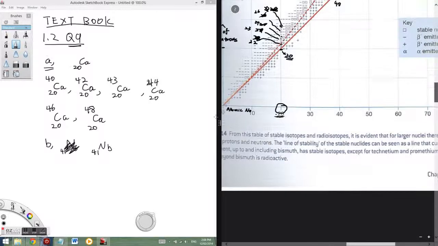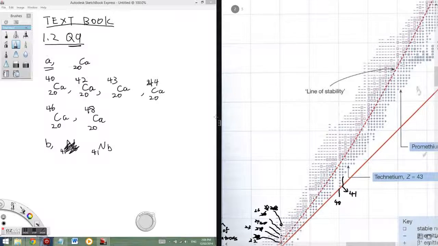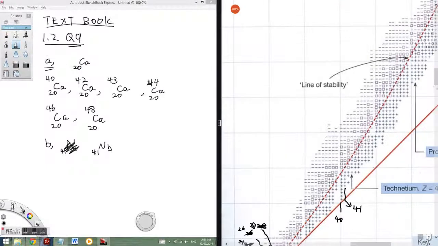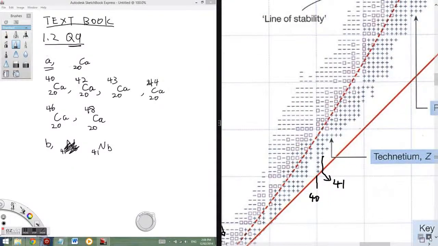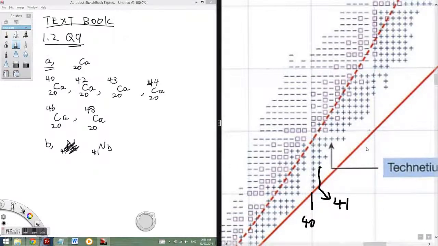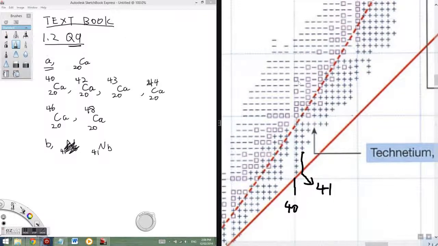Have a look: how many stable isotopes does it have? Hopefully you can all say one. On the 41 vertical line, we only have one square. It means we only have one isotope here.